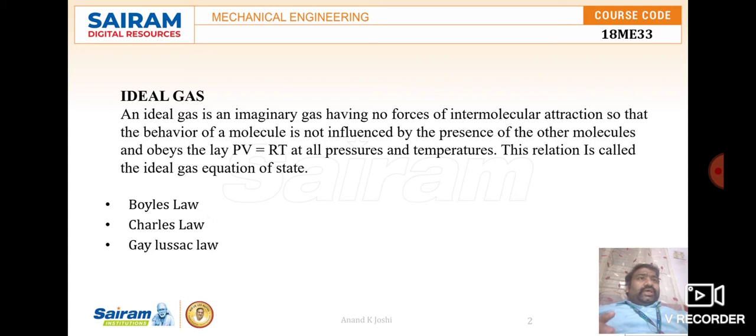He observed that the volume of a given mass of gas is inversely proportional to its pressure at a constant temperature, and he published this in the year 1662. It states that at a constant temperature, the product of pressure and volume of a given mass of an ideal gas in an enclosed system is always constant.